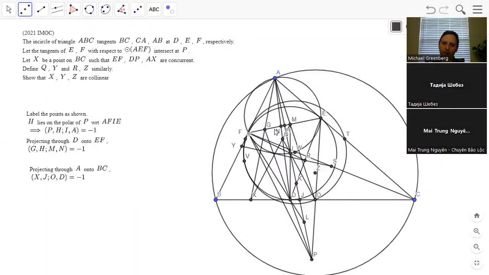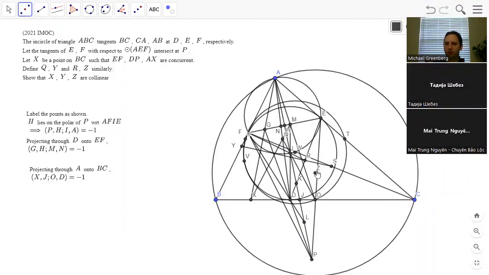So line ZI passes through the orthocenter of DEF. Yeah, it is the Euler line of that triangle. I is the circumcenter. Wait, so ZI is the Euler line of DEF, or Z is the circumcenter of ABC?